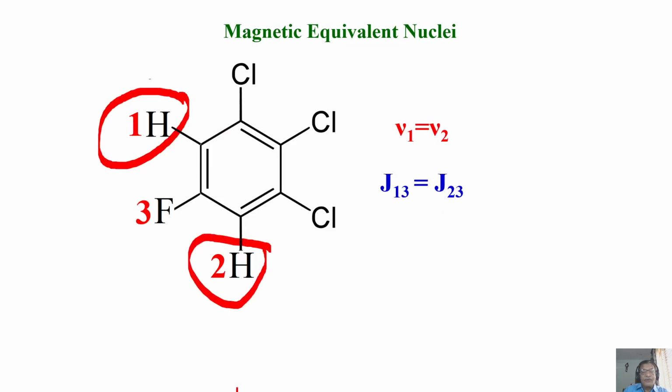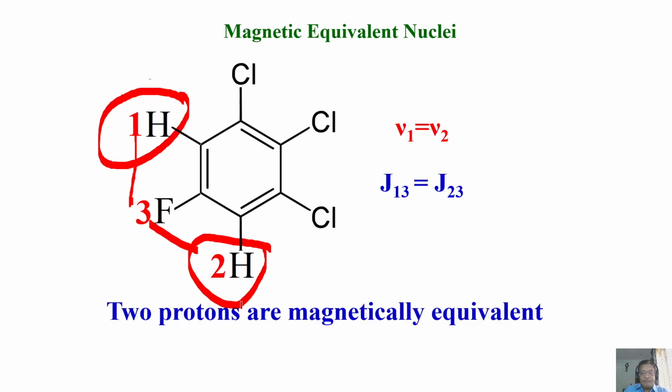Nu 1 equal to nu 2. What about coupling? This coupling is equal to this coupling. J13 is equal to J23. What does it mean? Chemical shifts are also the same. Coupling of these spins with all other spins are also the same. That means these protons are magnetically equivalent. You understand? These protons are magnetically equivalent.